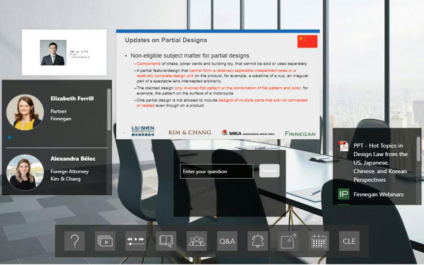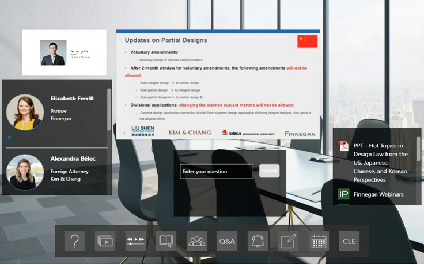So if there's only a part of it, maybe something like only a flower on some surface, it cannot be protected as a partial design.